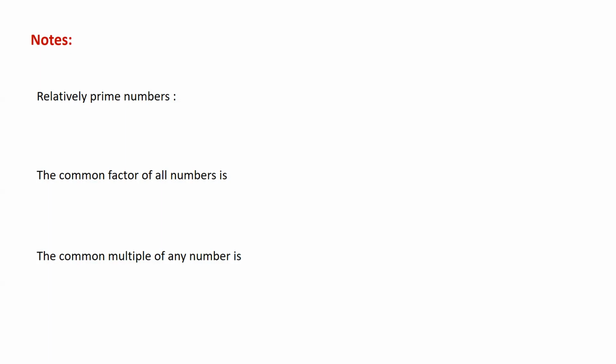In other words, in the Venn diagram, the intersection part is empty. Like this example, if I give you the numbers 15 and 8, can you factorize them? I want you to factorize them and draw the Venn diagram.